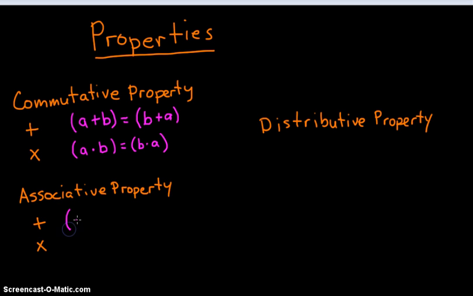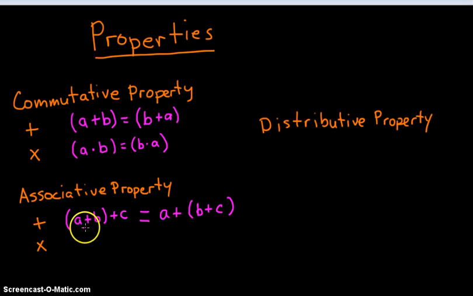Associative property. A plus B plus C. This is where we have three numbers or letters. So A plus B plus C is equal to A plus parentheses B plus C. What this is really doing is it's just changing which numbers we add first.